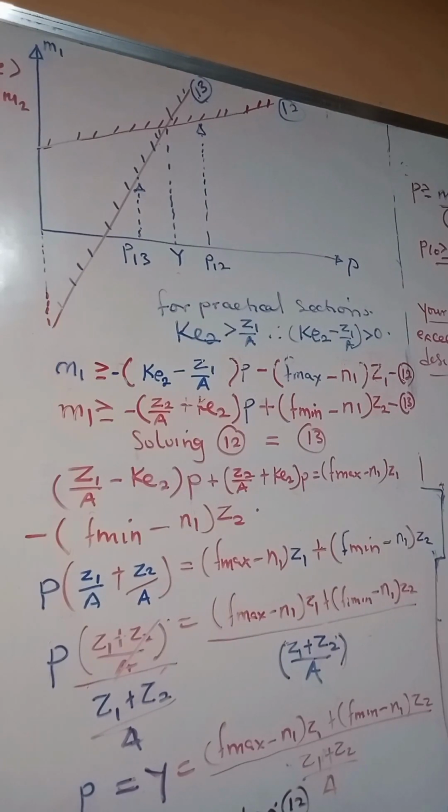We must ensure that, as in treating the case of positive moment, where we got a value at stationary point S, in this case we are calling it Y. So our choice of pre-stress force should not exceed Y. Any attempt to increase pre-stress force in order to obtain adequate cover requirement above Y will result in a pre-stress force that is highly uneconomical. So it is advisable that your pre-stressing force should not exceed Y.